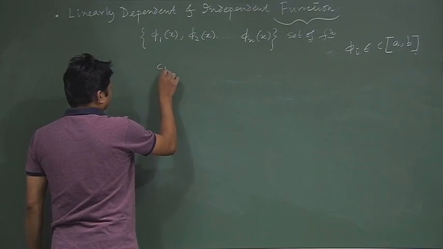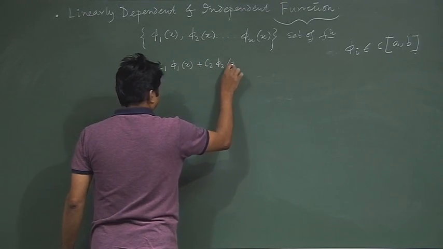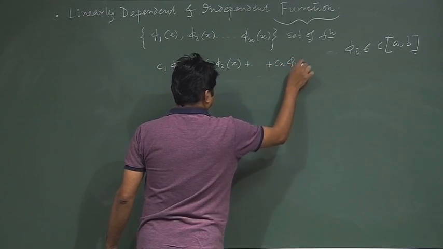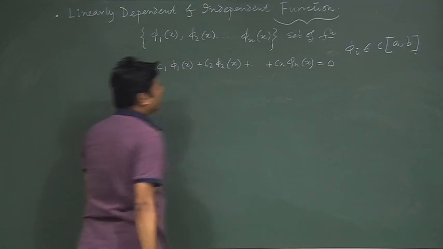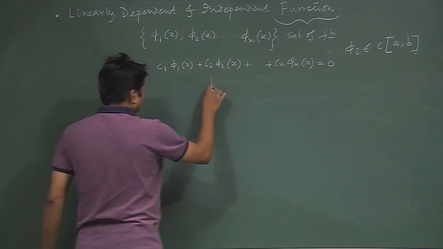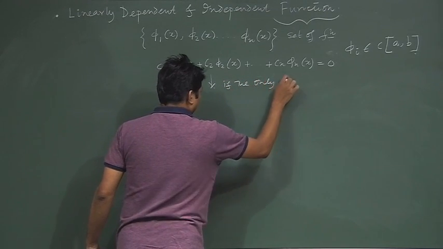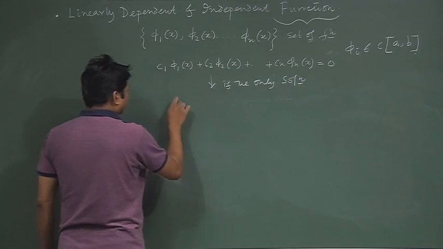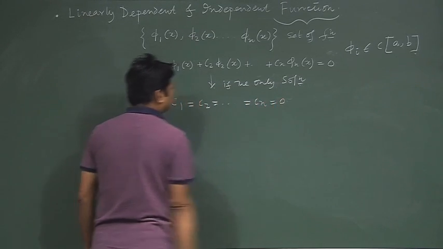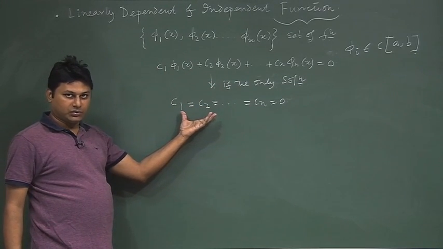Now, if the linear combination is 0, and the only solution is C1 is equal to C2 is equal to Cn is equal to 0, I say this is equal to 0, and the only solution for that is 0.